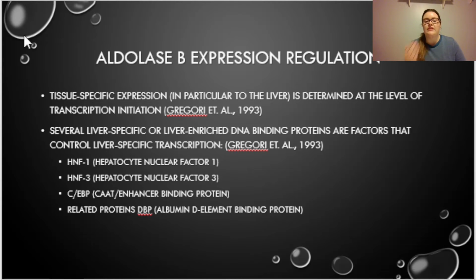That is just a variant of hepatocyte nuclear factor 1, and we'll see that here in just a bit. Another one is C/EBP, an enhancer binding protein. And then a related protein such as DBP, the albumin D element binding protein specifically.